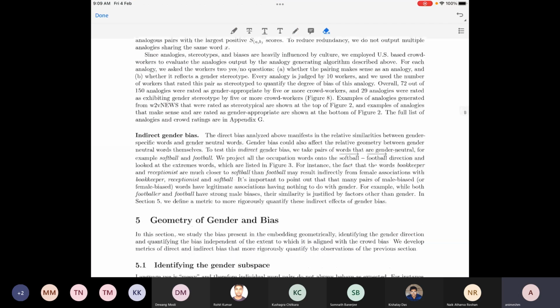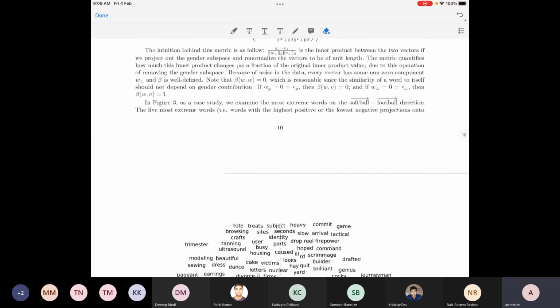And what they observed was the following.